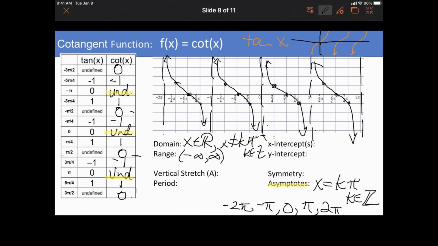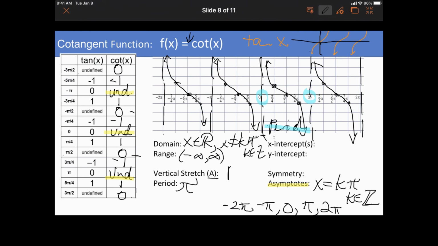Vertical stretch. So this is the A. So no, this doesn't have an amplitude, just like secant and cosecant don't have an amplitude, because they have no lowest point or highest point. This is 1. It's still the A that's going to be in front. My period, if you can see your 1 cycle here, is from 0 to pi. So just like tangent, it is pi.